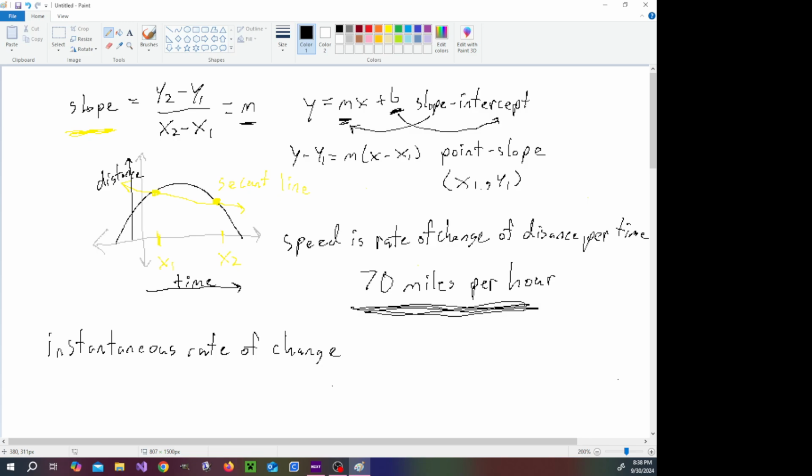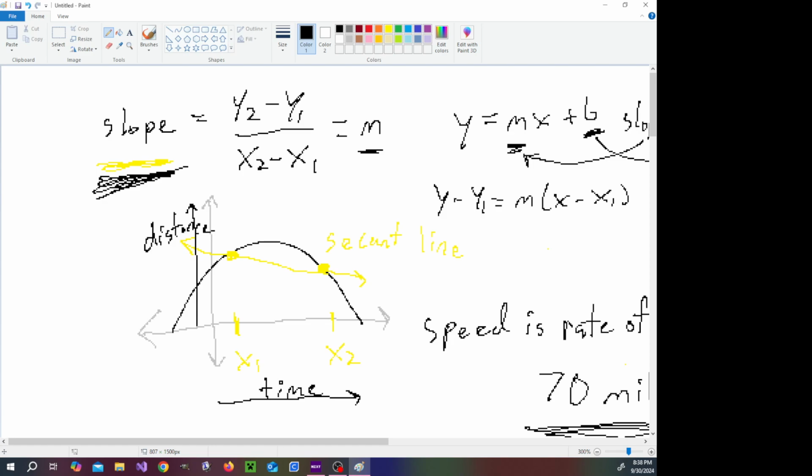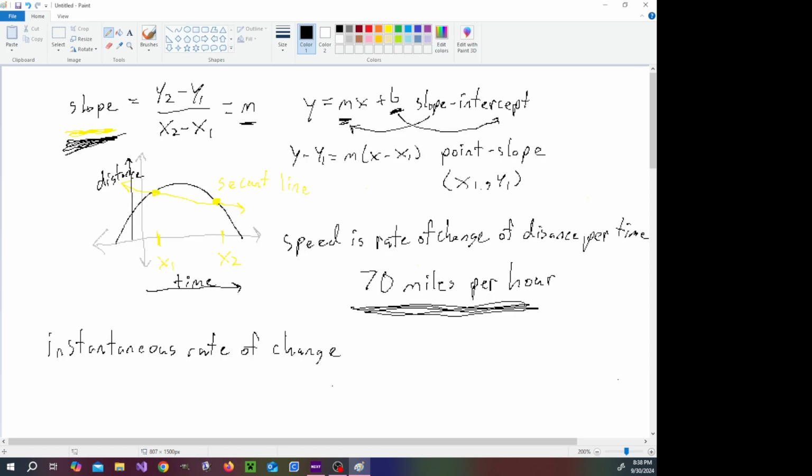Well, the way that we do this is actually built from our concept of slope, the same idea of slope that we're used to. Now, excuse me, if I want to know my slope, sorry, my rate of change at a point, then maybe I want to take x values that are closer and closer together.